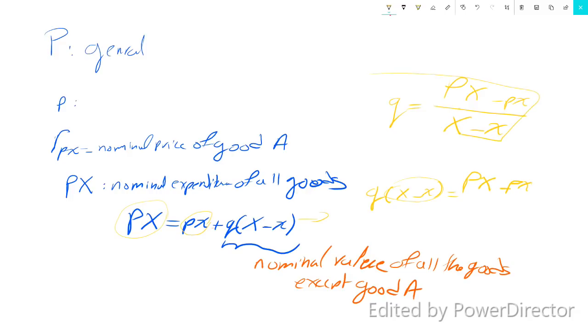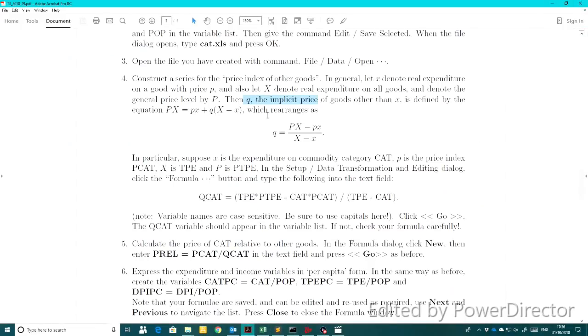This is going to be called the price level of all the other goods except the product A. And this will be shown over here. If we close this, you will see that this is over here, right?